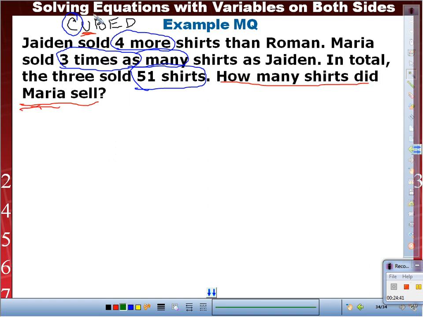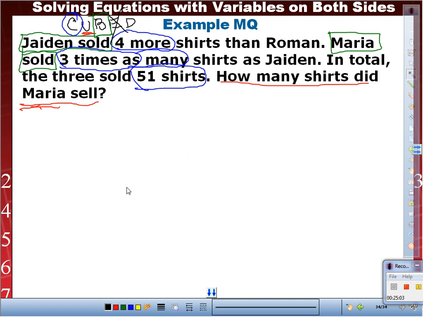With green, box important information. So let's see, what is obvious? Jaden sold, okay. Who else sold? Maria sold. Who's the only person they don't mention sold? Roman. Okay, so that's important that we box those. Exclude any information. Let's draw a table. How many people are they talking about this time?